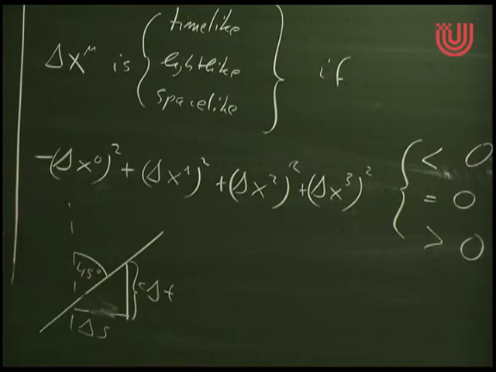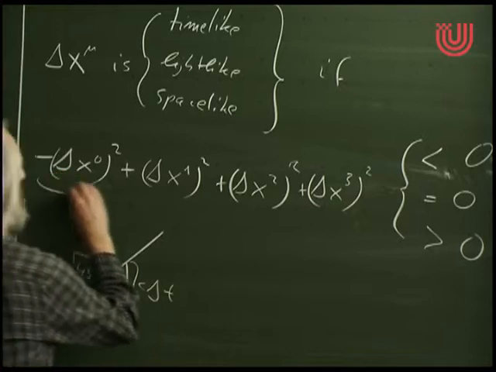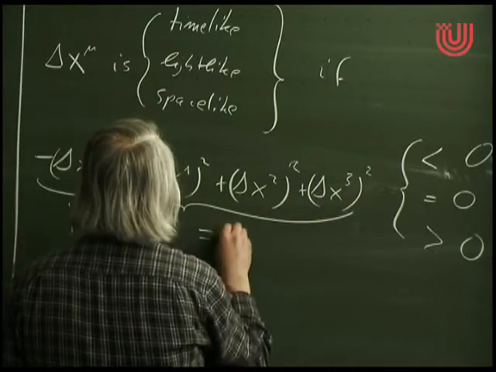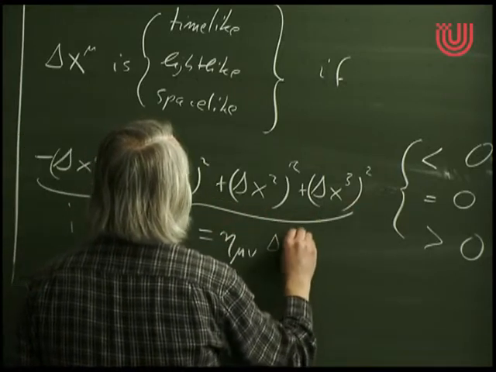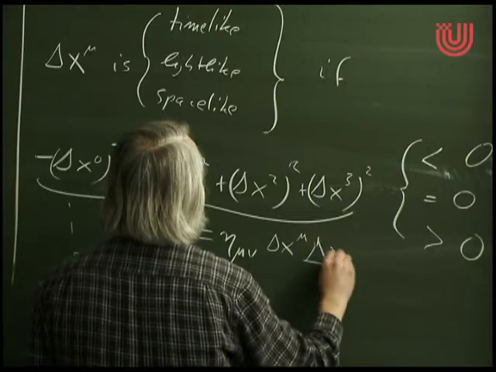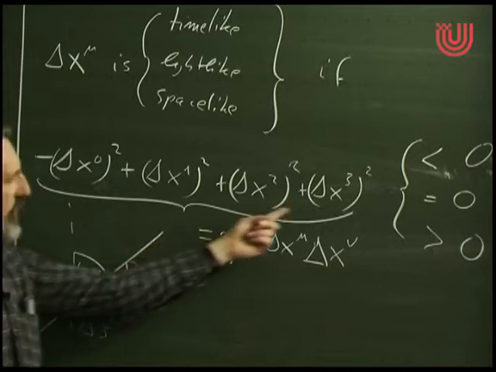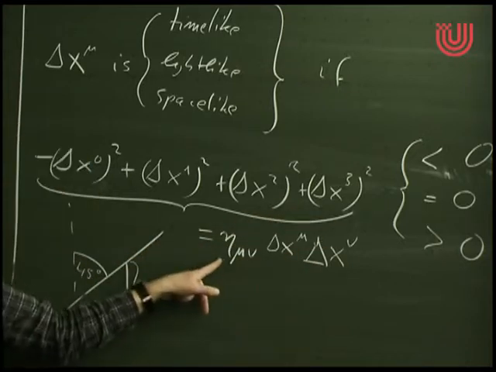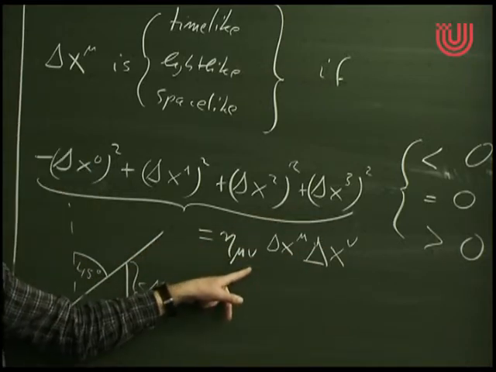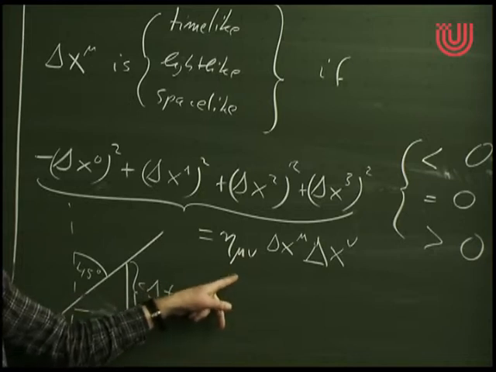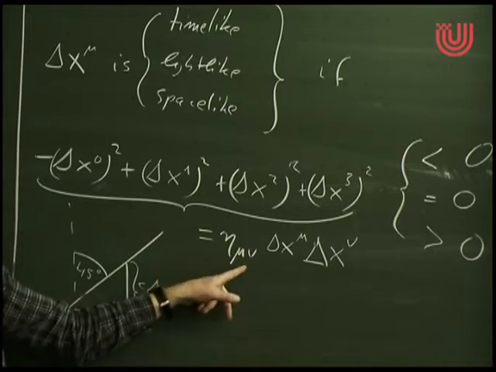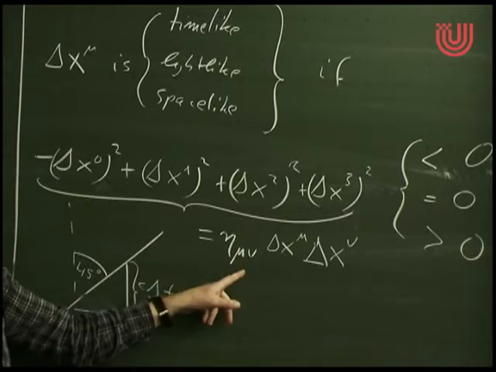And what I've done now is I've just rewritten this expression with the help of this funny eta symbol. If I do this, then this here becomes just eta mu nu delta x mu delta x nu. And that's easily verified. You start with this expression. Remember what the etas were. Eta naught naught is minus 1, eta 1 1 is plus 1, eta 2 2 is plus 1, eta 3 3 is plus 1, and all the mixed terms vanish.